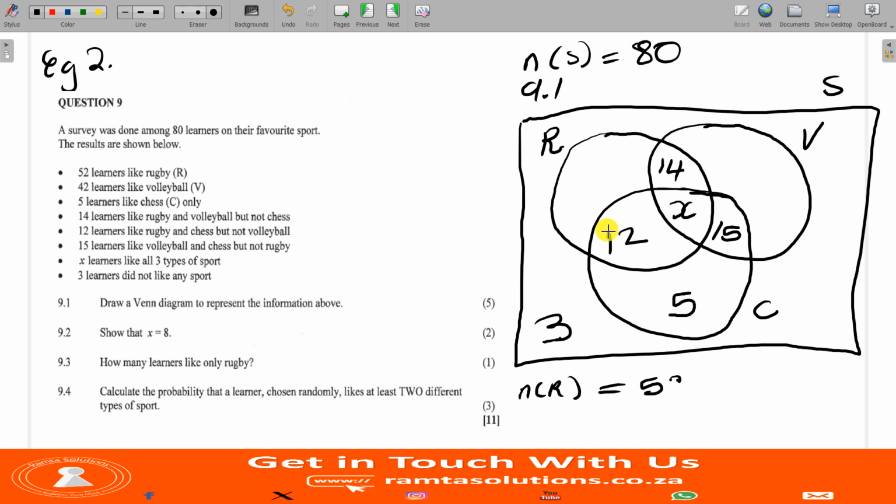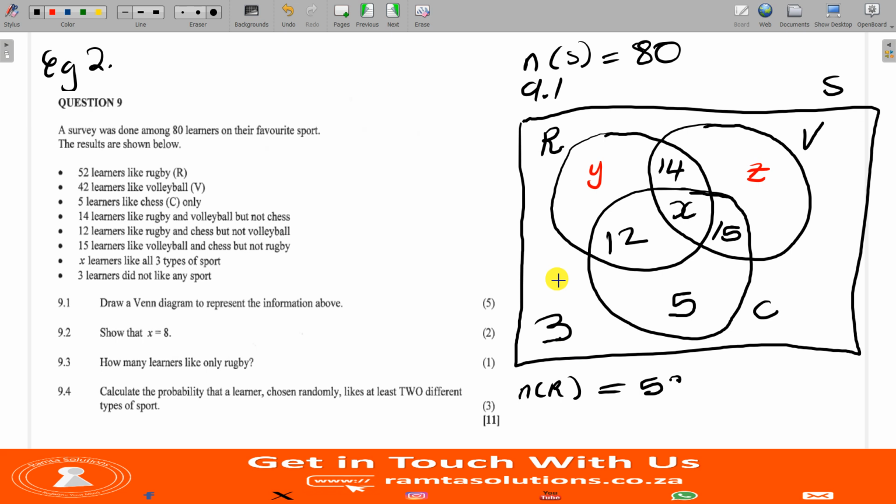Now I want you to look at the elements of rugby. For now, I'm using a different color. Let me call this one Y, and let me call this one Z. I'm going to erase them, guys. Even in your exam, you can do this with a pencil so that you can erase them later.